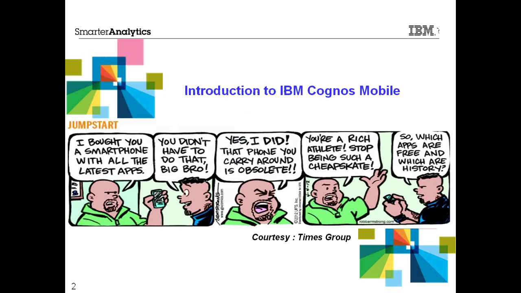Introduction to IBM Cognos Mobile. If we see the Cognos Mobile and the mobile revolution that has been going on around the world, this comic clipping will tell you a lot, that we have evolved a lot.